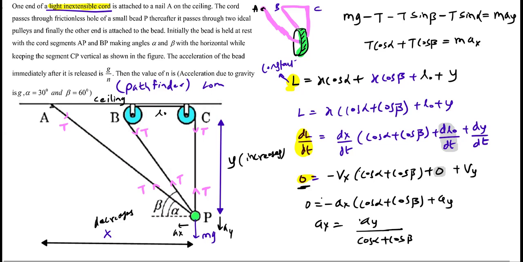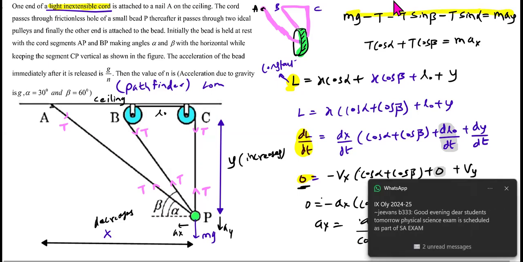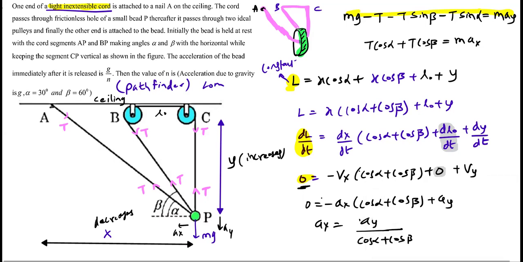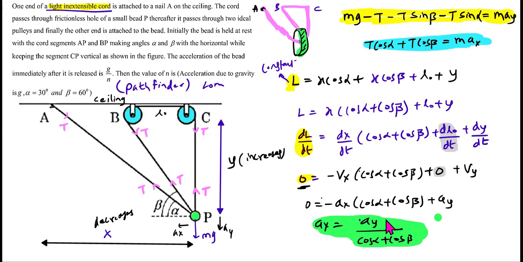Now this is equation 1. There is equation 2, there is equation 3. Solving 1, 2, 3, we'll get the required unknown.